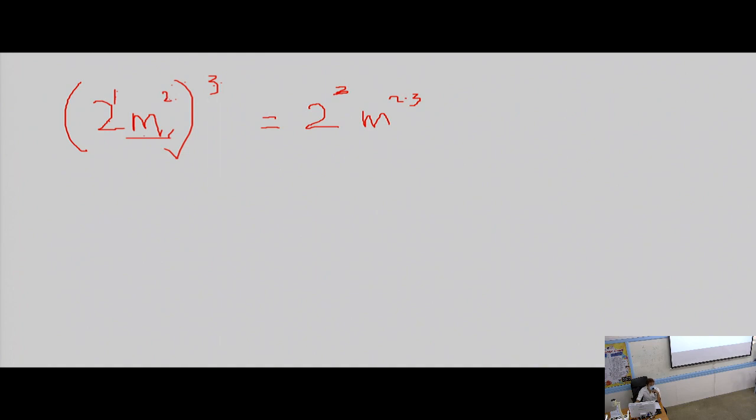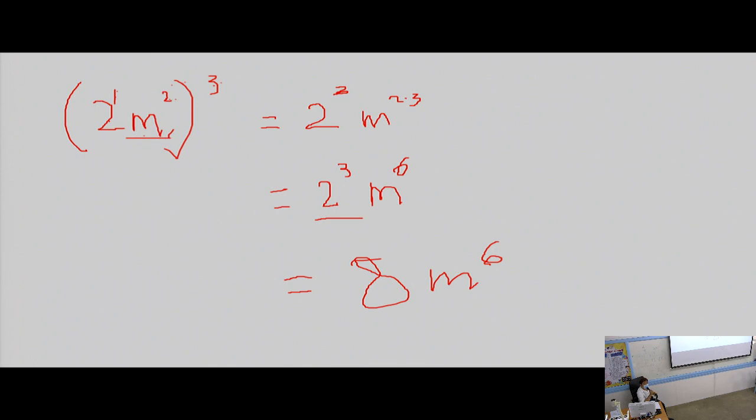And raising it to another power, which is 3, we're going to multiply the exponent. And so our answer here is 2 to the power of 3, m to the power of 6. And what is the value of 2 to the power of 3? Yes, the answer is 8. So our answer will be 8m to the power of 6. And that's how you're going to do it.